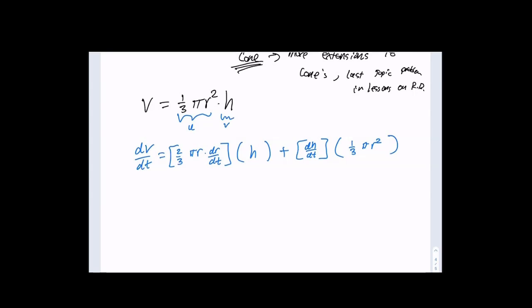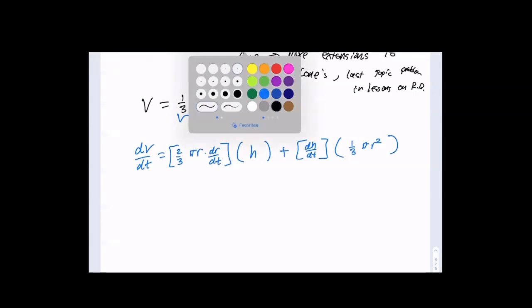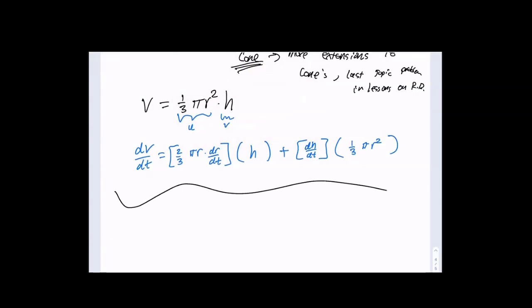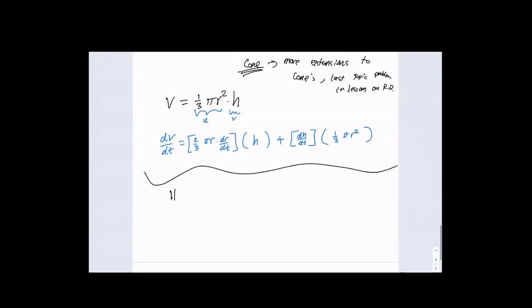Now, those are pretty much all the formulas we have. Your homework basically requires three steps: 1, identify the formula. 2, find the rate of change formula.